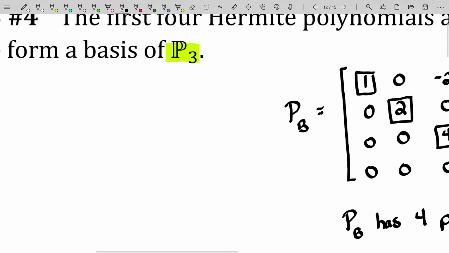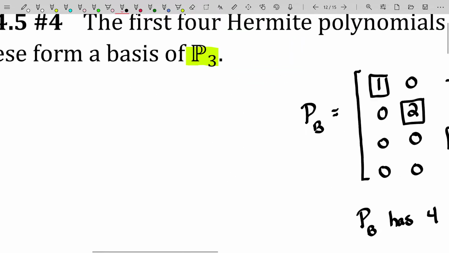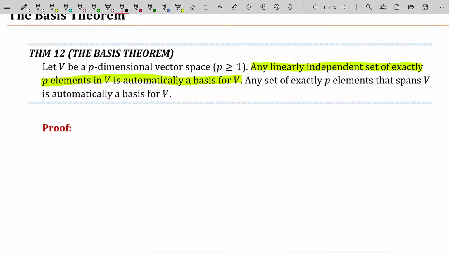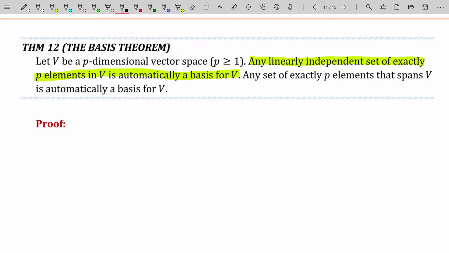Now, what does this have to do with the previous theorem? Well, we do know that P sub 3 is a 4-dimensional space, just because we know a standard basis for this. And from this theorem here, theorem 12, any linearly independent set of exactly 4 elements in our vector space P sub 3 is automatically a basis for P sub 3, as long as P sub 3 is a 4-dimensional vector space, which it is.